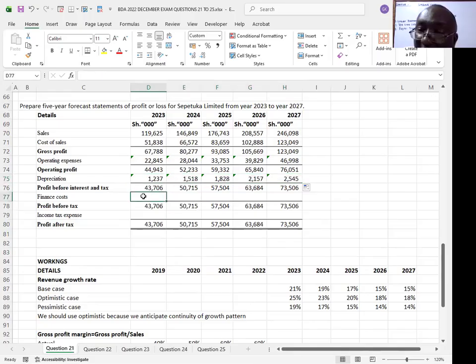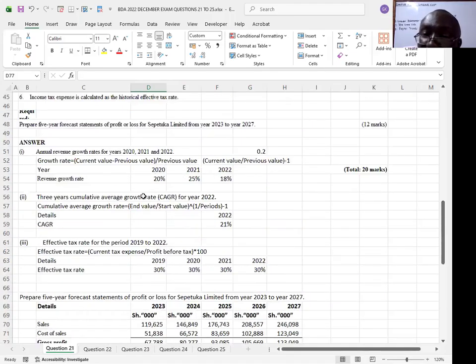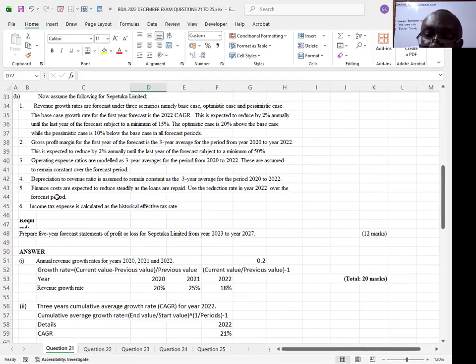Haya, tukuje kwa finance costs. So finance costs, we are told, are expected to reduce steadily as the loans are repaid. And we use the reduction rate in year 2022 over the forecast.